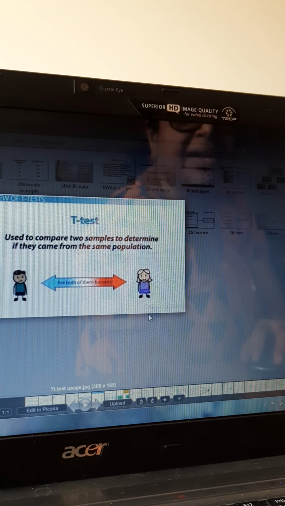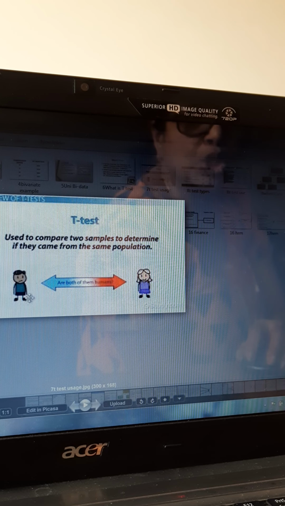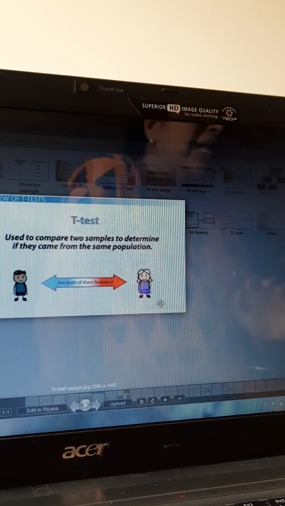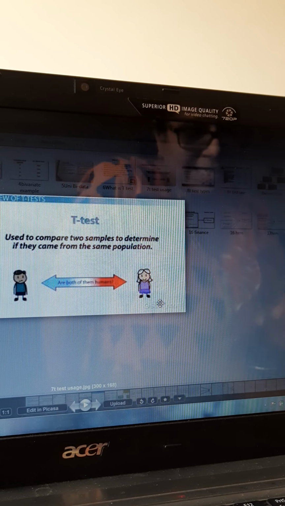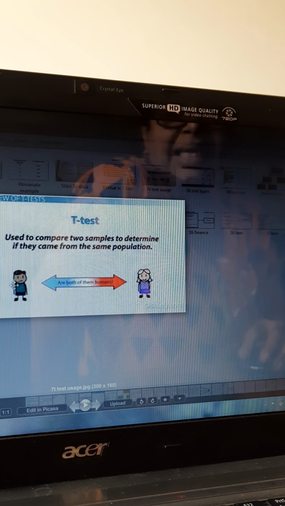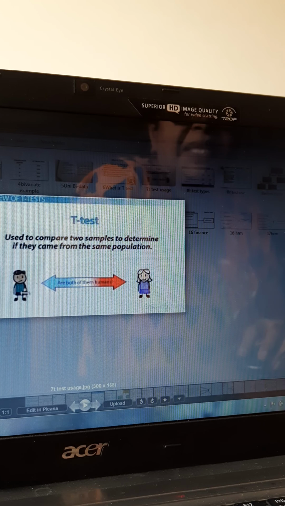All the scores of the male and all the scores of the female, and we are comparing the two samples and seeing whether the class average is equal or more. So your hypothesis will be there is no significant difference between the test scores of male and female.